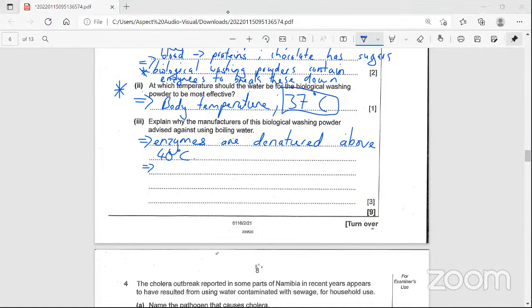So what happens when it becomes denatured? It will not form the ESC, the enzyme substrate complex.